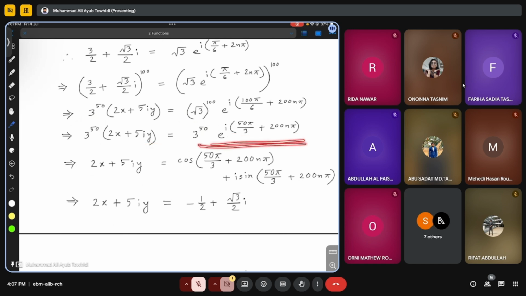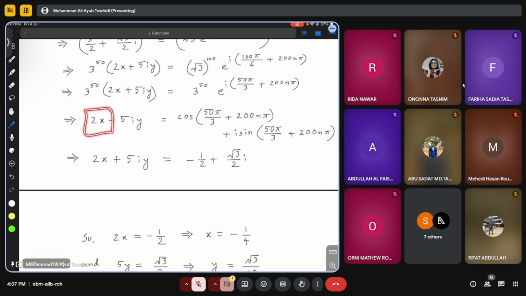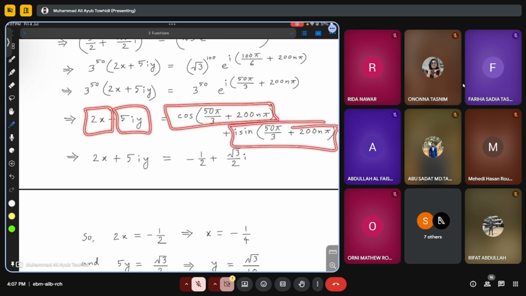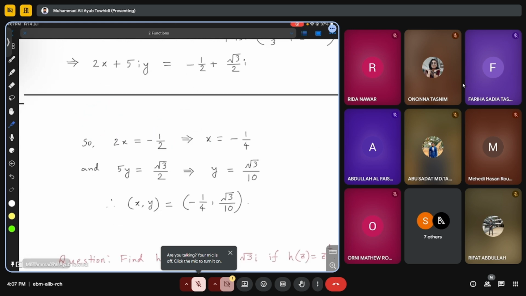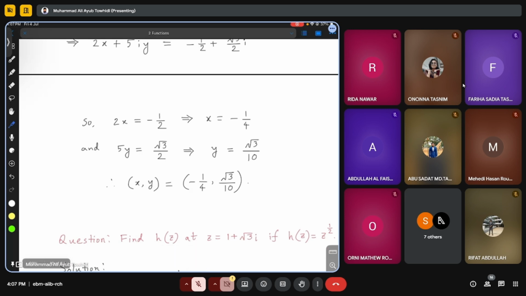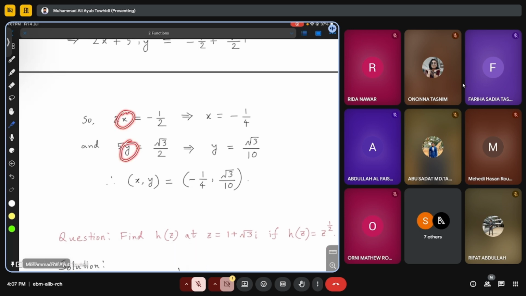So from Euler formula, you take cos theta plus i sine theta. Now you compare both sides, real part with real part, imaginary part with imaginary part. So this 2x will be equal to minus half, and this 5iy will be equal to this one. Then just find the values of x and y.